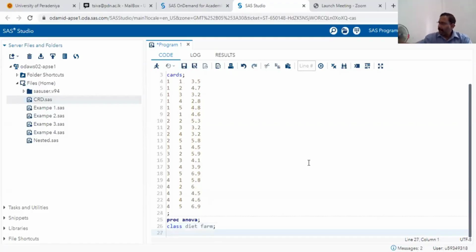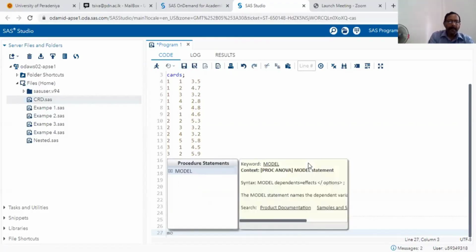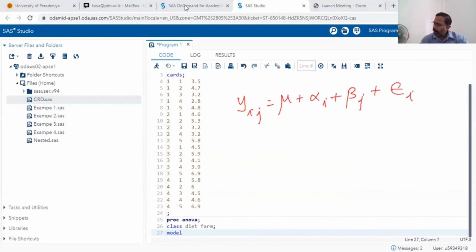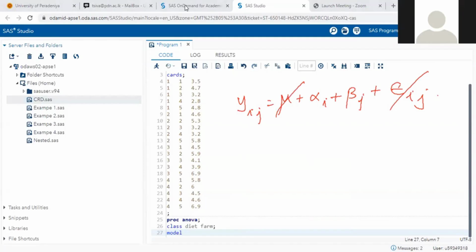Now tell me, what is the model? How can we write the model? If you can recall your RCBD model, Yij is equal to mu plus alpha i plus beta j plus error. So what are the things that we want to include in the model? I said we don't need to include the error.